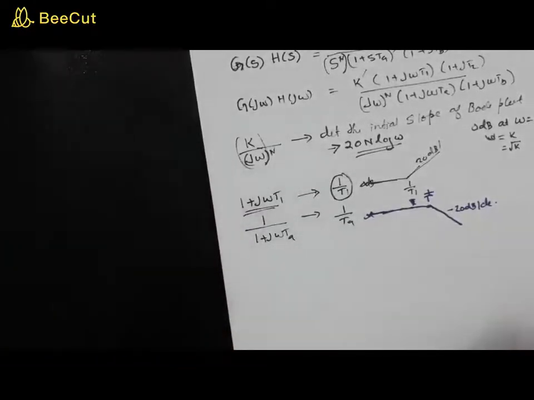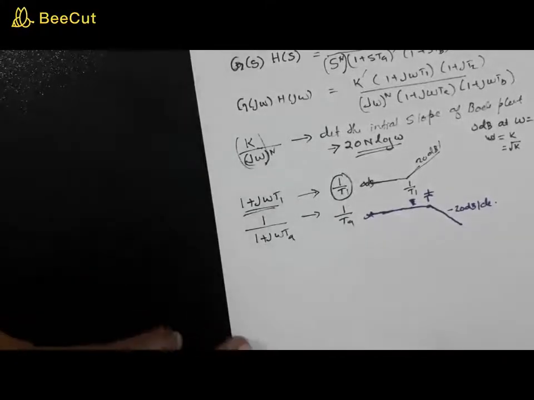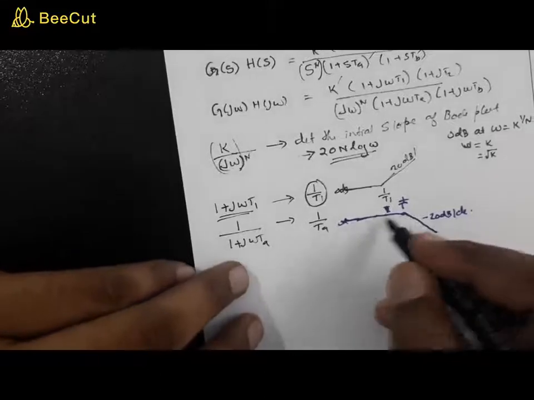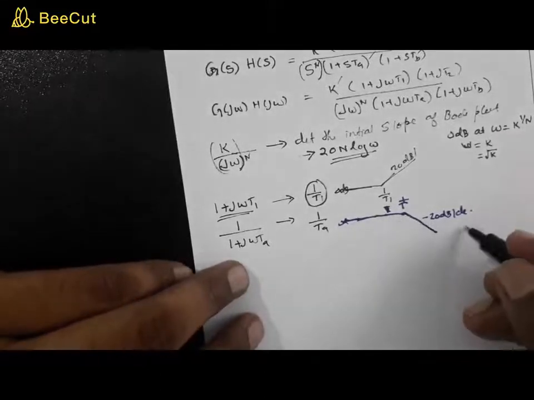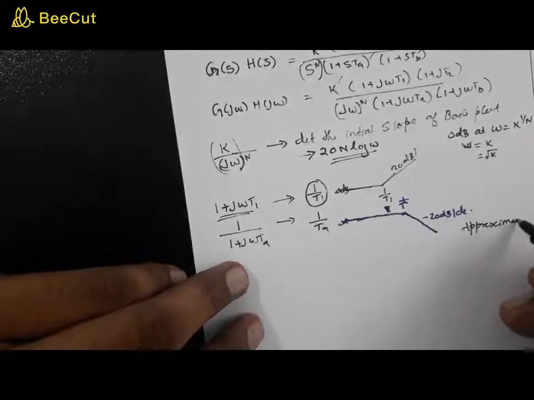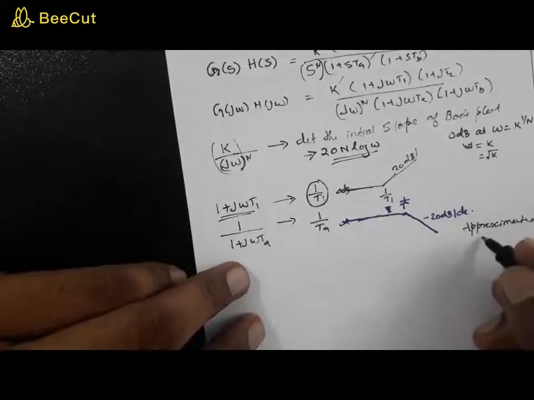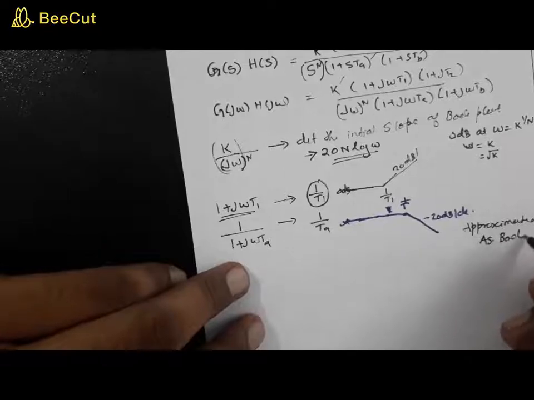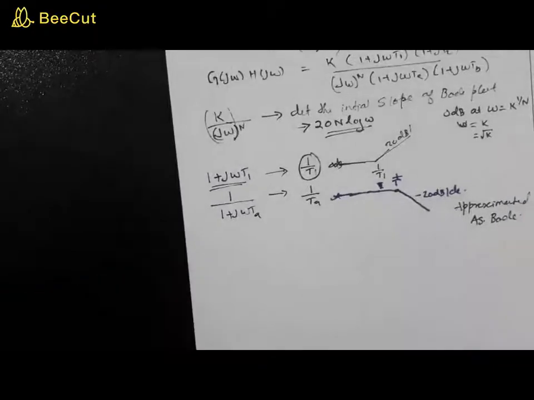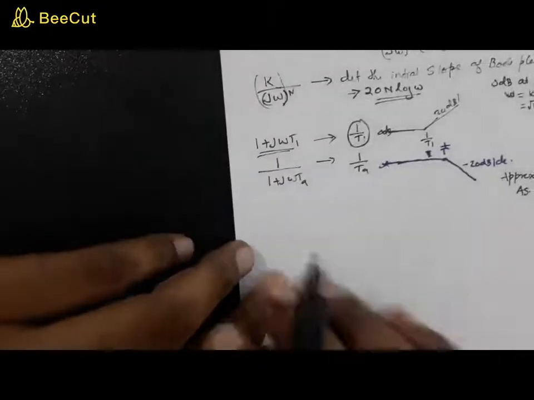And as I have told you, while doing this, this is not the exact Bode plot. This is an asymptotic, or approximated, Bode plot. I will explain why I told you like that. But this has some sort of error. That's what we are going to find out now.